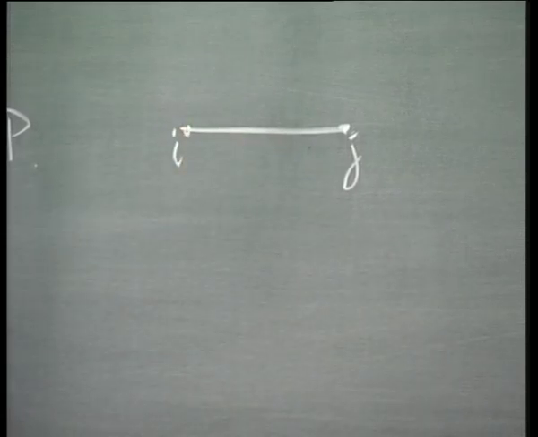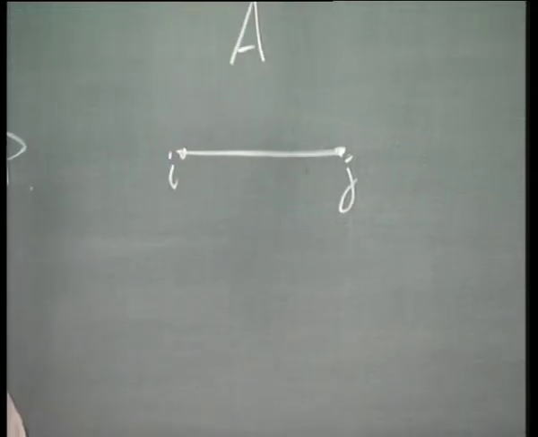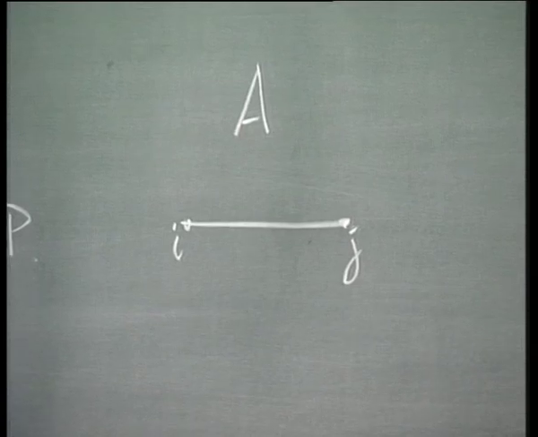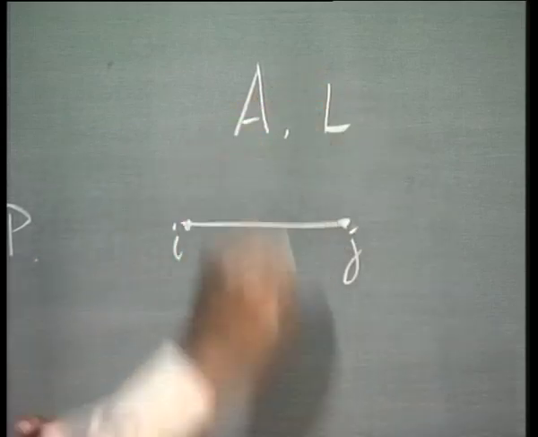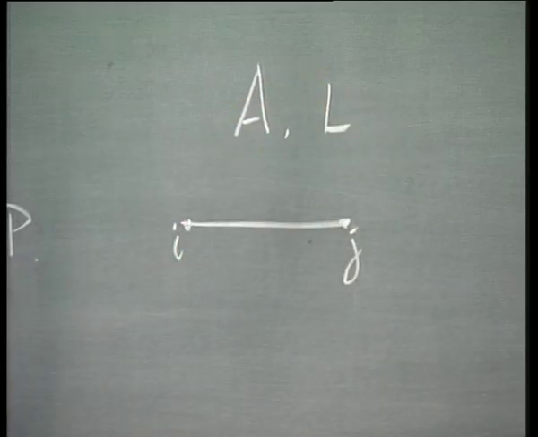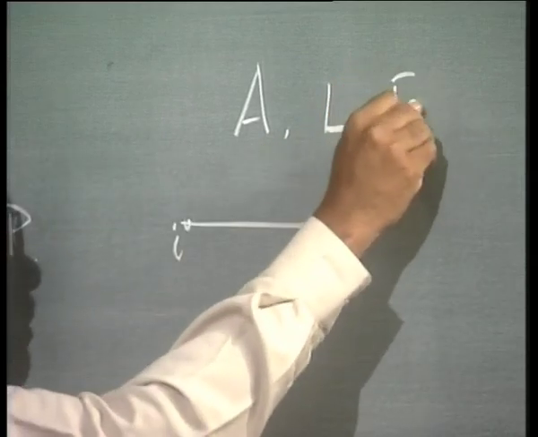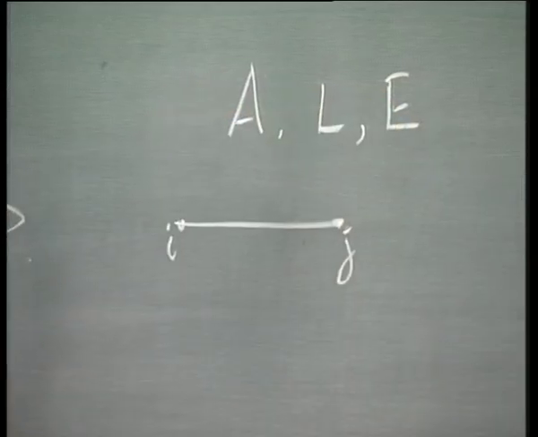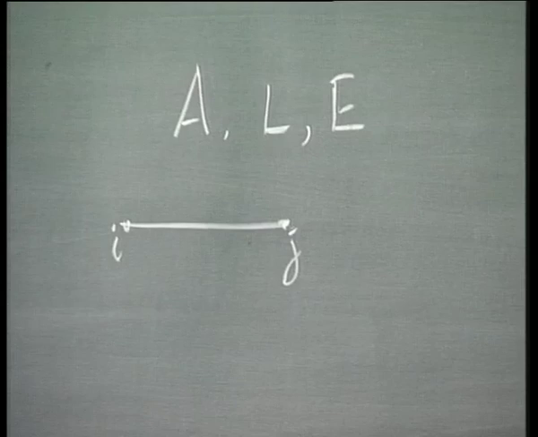Of course, what is also important is the area, let me call this A, the area of this bar, as well as the length, which I would call L, and of course the Young's modulus, which I would call E.